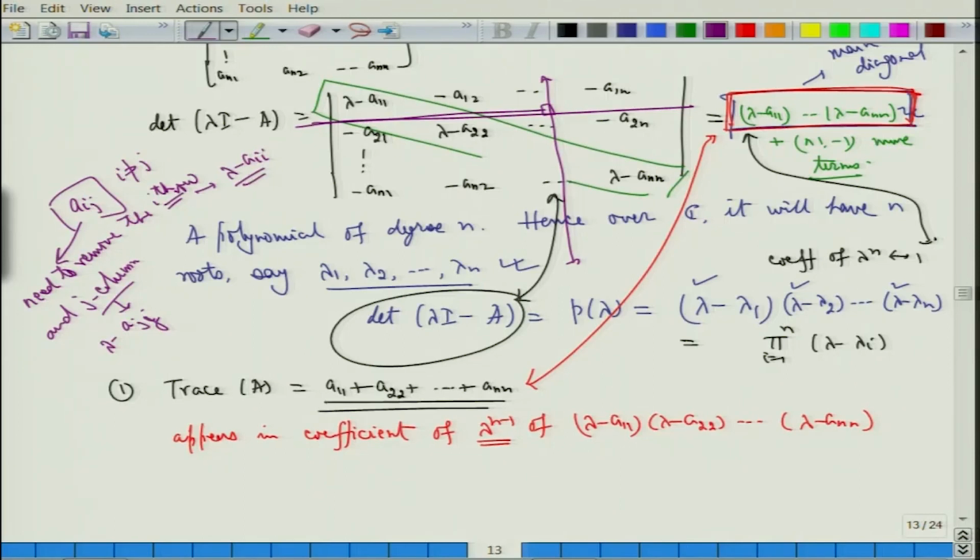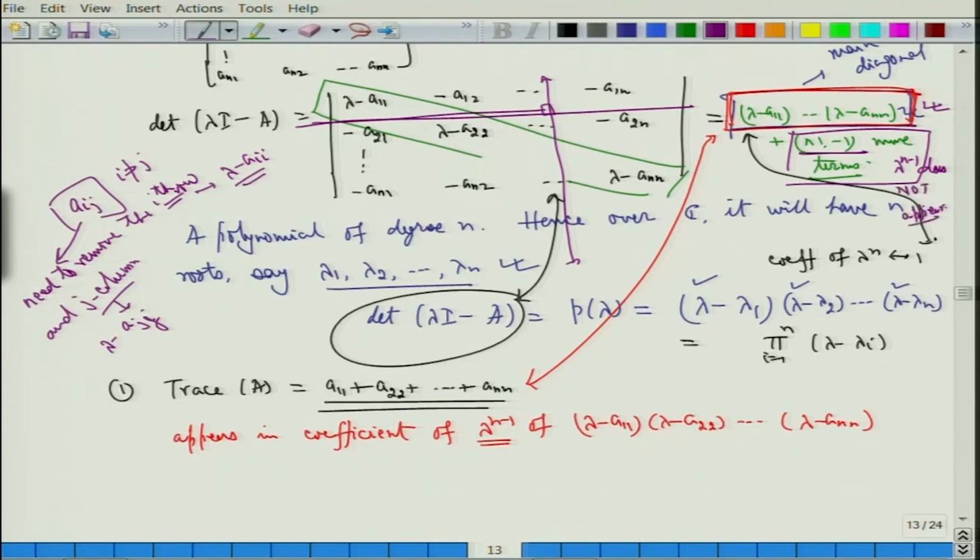So when I want to compute the determinant, it has n factorial terms. Out of that, there is what is called the main diagonal, and the rest are n factorial minus 1 terms. If I look at these n factorial minus 1 terms, lambda to the power n minus 1 does not appear.